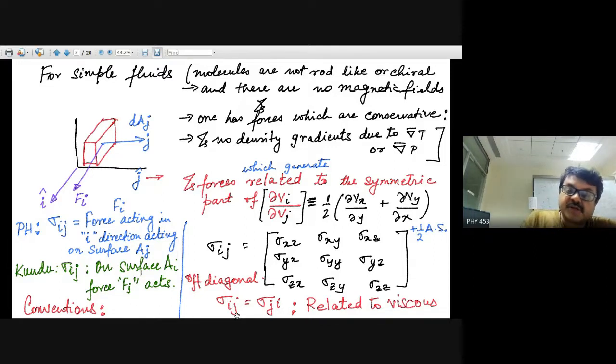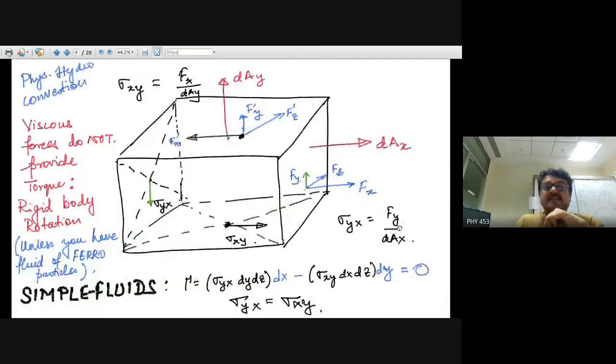The next thing to show is that sigma ij equals sigma ji, so these conventions are not going to matter. We are talking about forces which will be shown to be related only to the symmetric part of the velocity gradient tensor. So the viscous forces depend upon the symmetric part, and hence these forces do not cause any rigid body rotation.